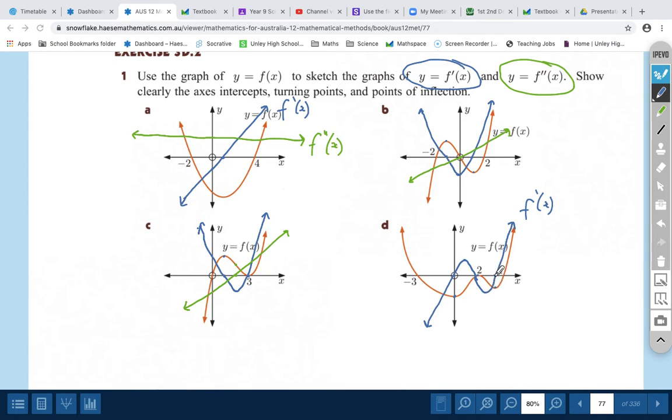Right, so the second derivative has to equal 0 there. We're going downhill. Right, that means negative values. We're going uphill, positive values. Downhill, right, negative values. Uphill, positive values. Okay, second derivative.